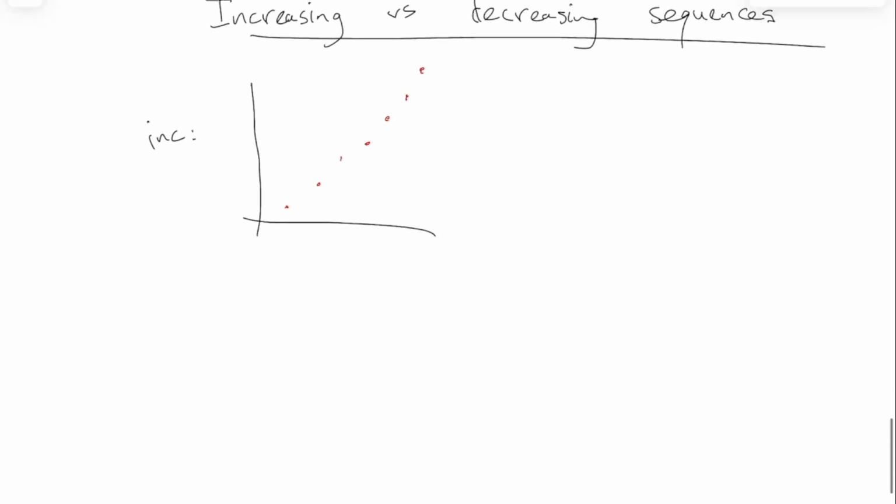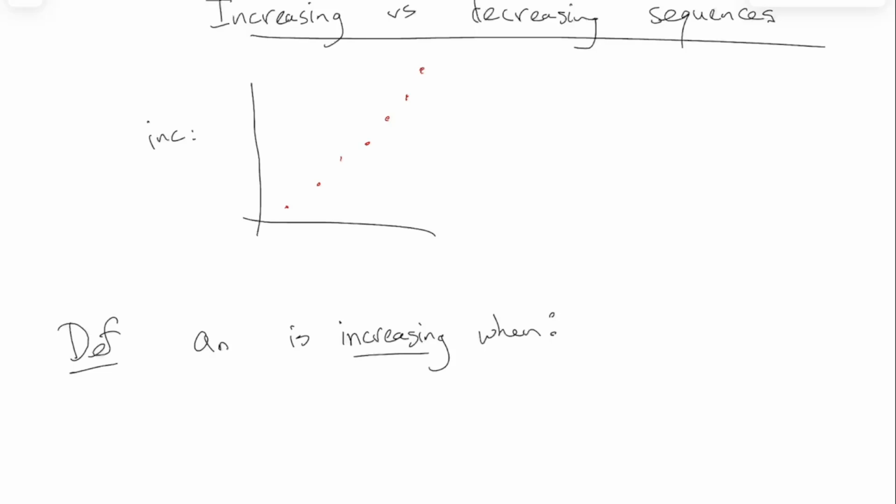Let's write a real definition here. The sequence a_n is called increasing when, anybody think you can say, how do you say this technically speaking?